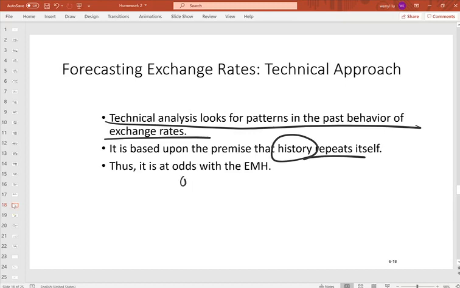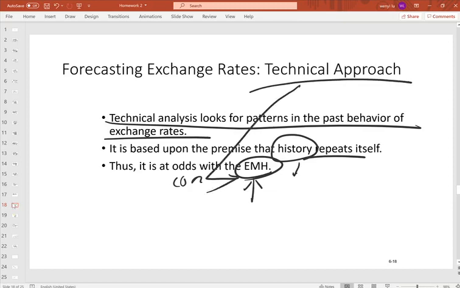Actually this is not consistent with our efficient market hypothesis. If the market is efficient, history will just be history and will never repeat. But the technical approach assumes our market is not that efficient, so anything that happened in history can also happen in the future.